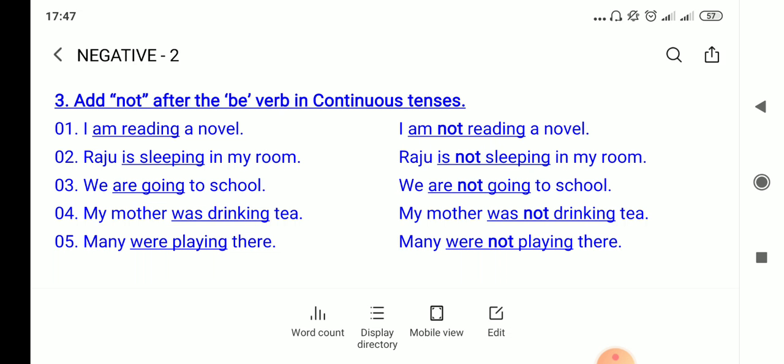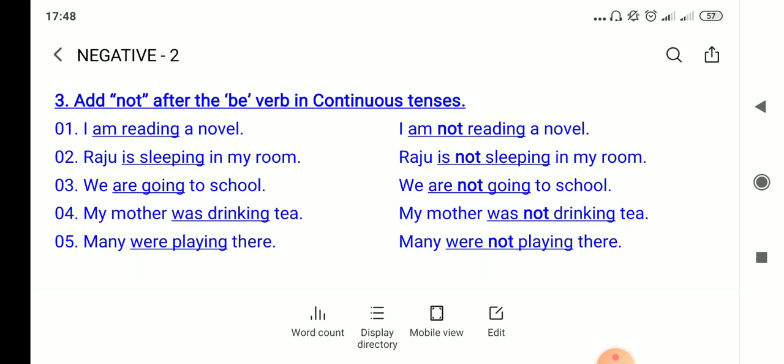Look at the fourth sentence. My mother was drinking tea. In this sentence, the verbs are was and drinking. You can add not after was and the sentence becomes my mother was not drinking tea.